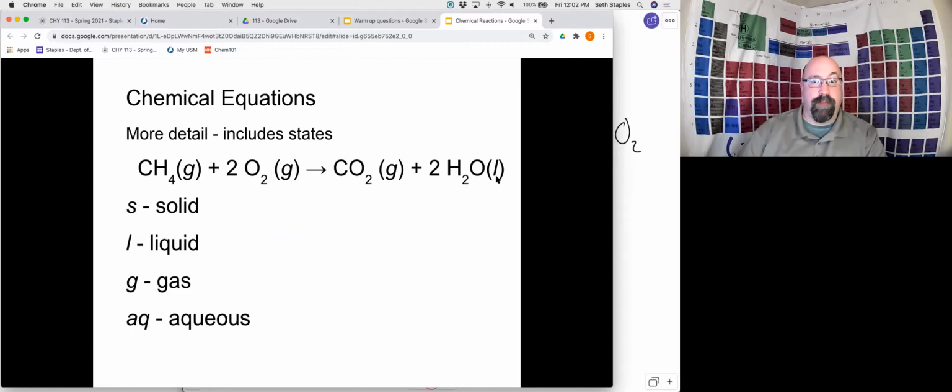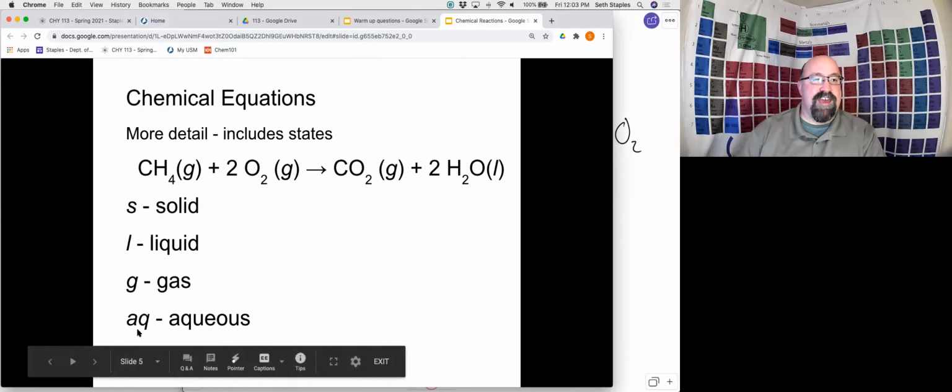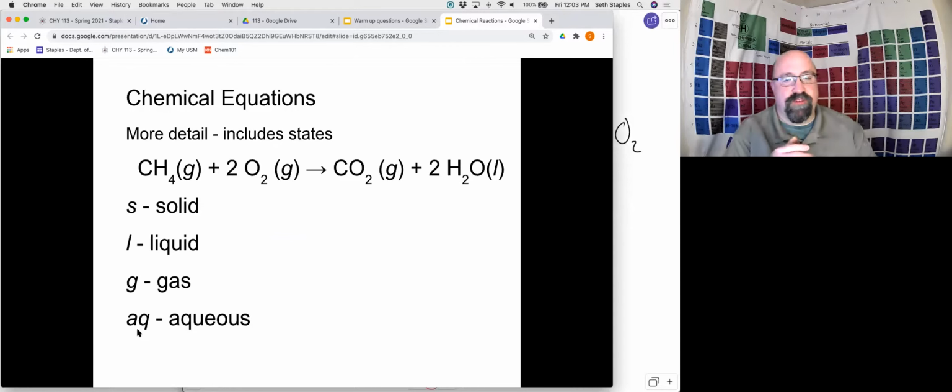It's not the number 1. And so the typical states that we would see, S for a solid, L for a liquid, G for a gas, and AQ for aqueous, which we'll discuss in more detail later. But aqueous means that the substance is dissolved in water. Now note that that is very different from the substance being a liquid.